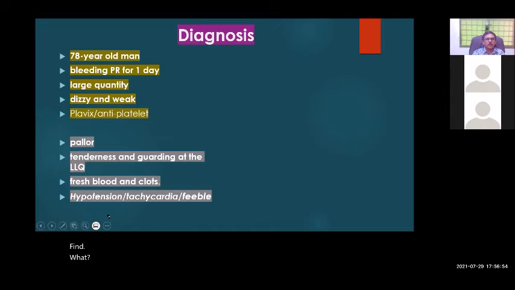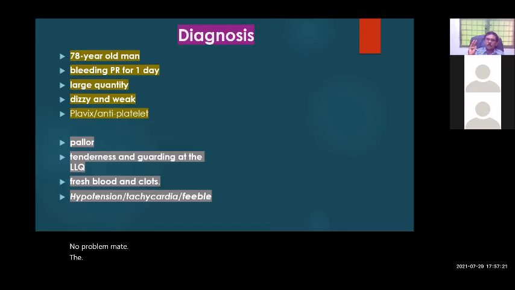Looking at this clinical summary, you must come to a provisional diagnosis. What is the clinical provisional diagnosis? Diverticulitis, doctor. Good. The age of the patient is 78, an elderly patient, so the two common things at that age are diverticular disease and angiodysplasia.